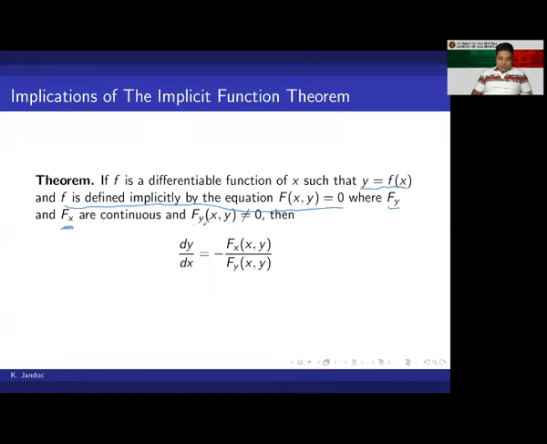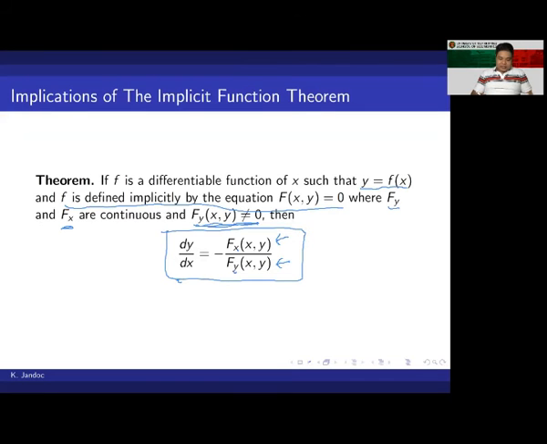Moreover, Fy should not be equal to 0. Then we can find the slope of the tangent line of f, which is dy/dx, simply by getting the derivative of the implicit function big F with respect to x, divided by the derivative of big F with respect to y, that's Fy, and it's just the negative of that.